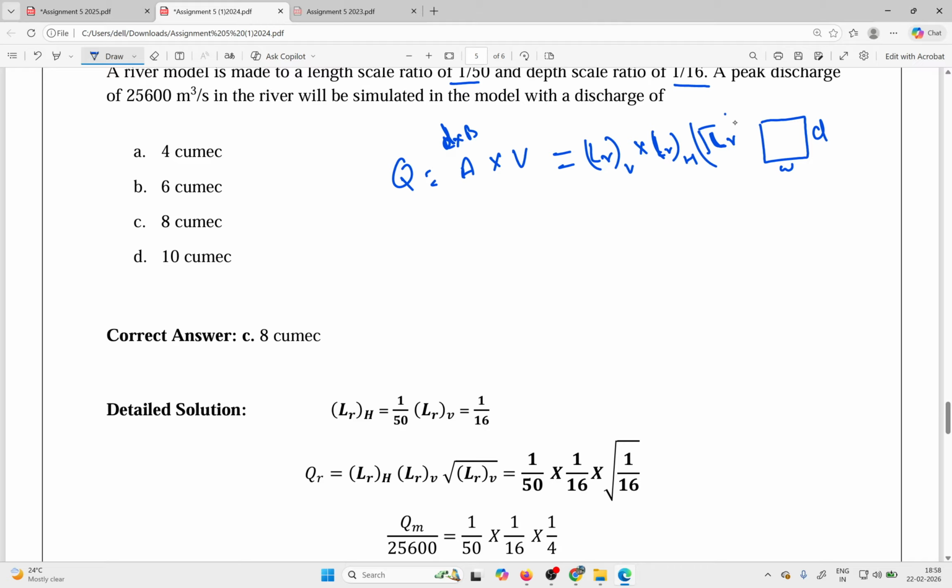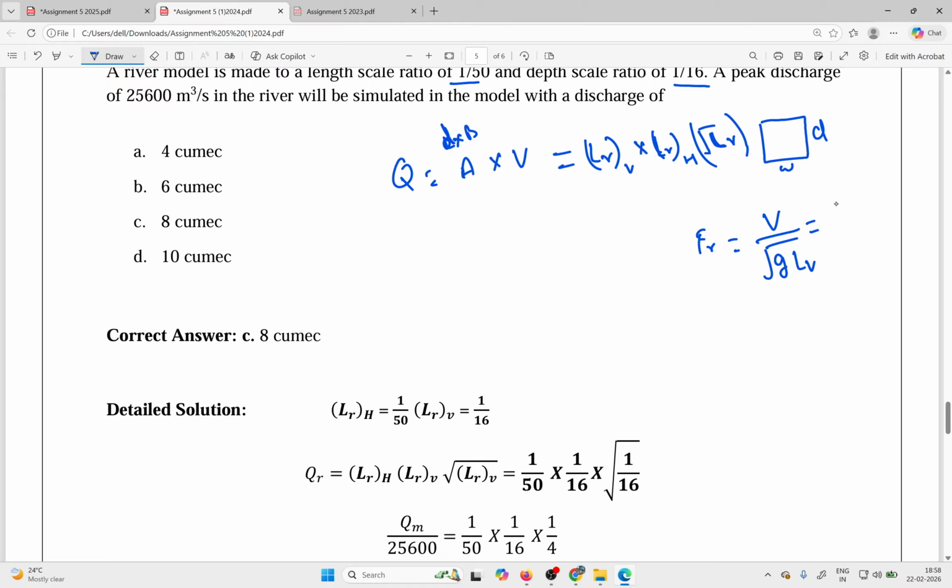This is very important. Let me explain one thing here. Froude number FR is equal to V divided by root of G into the vertical length.